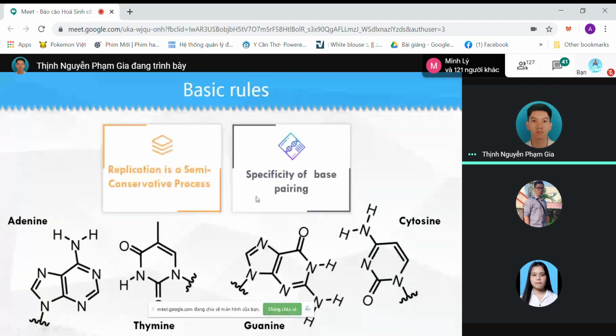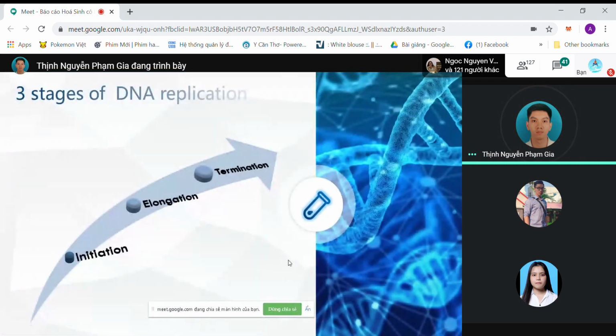This means adenine will connect to thymine by two hydrogen bonds, and guanine will connect to cytosine by three hydrogen bonds. Now is the most important thing. DNA replication has three stages: initiation, elongation, and termination. And I will present through this video.